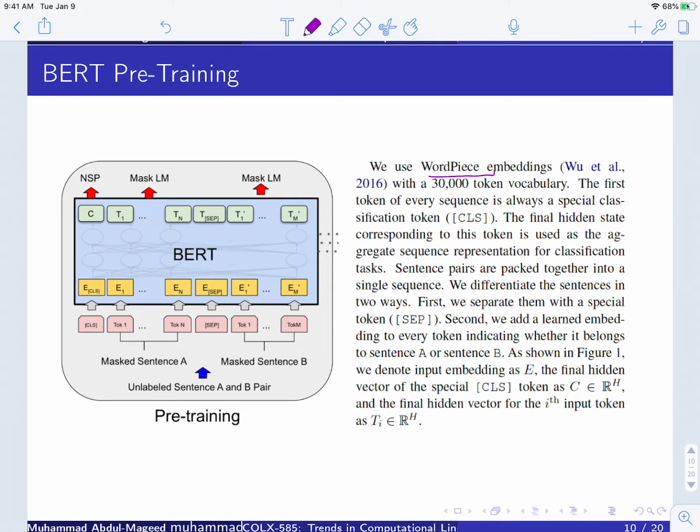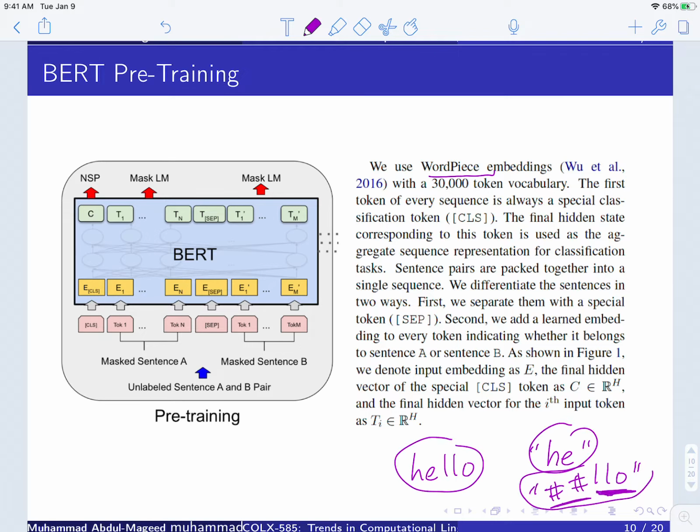This is a tool that would take a word like hello, for example, and break it into HE and then ##LLO, putting two hash signs to show that this string did not occur on its own. It has something that preceded it. So we took the word and broke it into this token and this token. We refer to it as byte pair encoding. Byte pair encoding, okay?